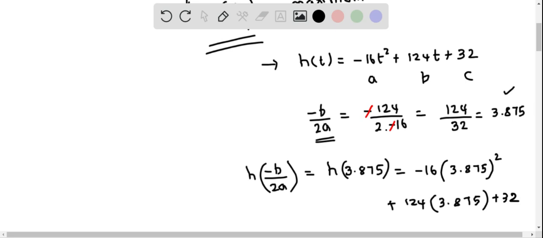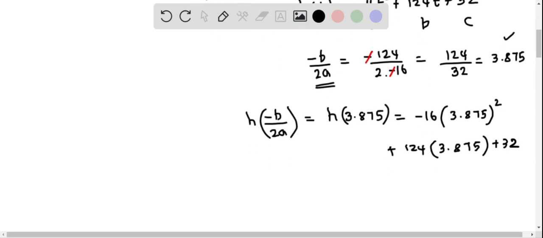We can evaluate this expression with the calculator, and this comes out as 272.25 feet. So this is the maximum height of the ball.